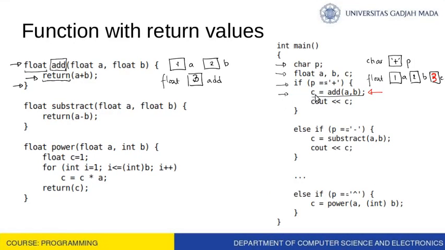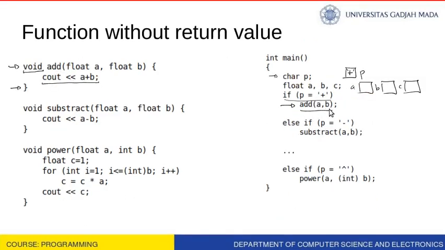Here the assignment, which is c is equal to add. So this is the assignment. But here we don't have any assignment. Why don't we have any assignment? Because this function add doesn't have any memory. There is no memory with the name of add. Therefore, we cannot do the assignment.